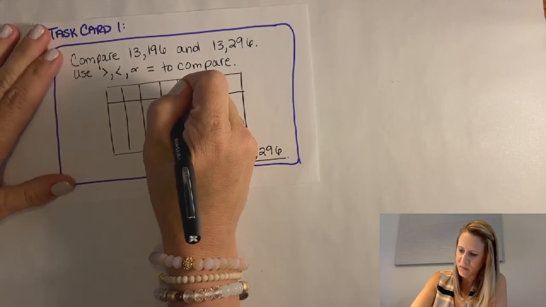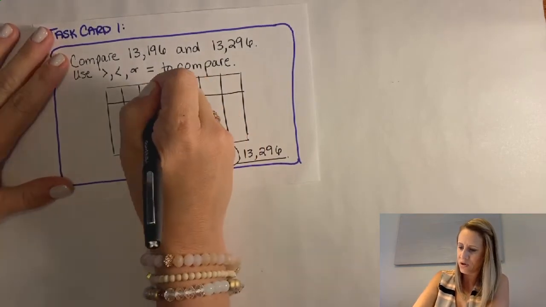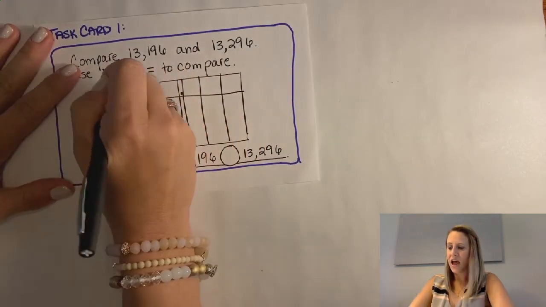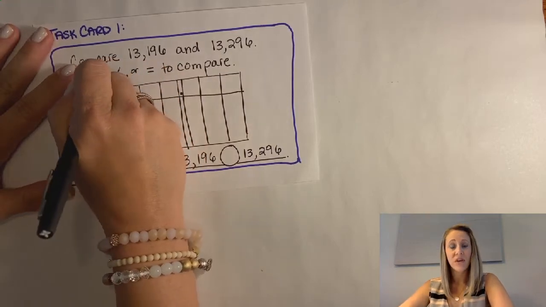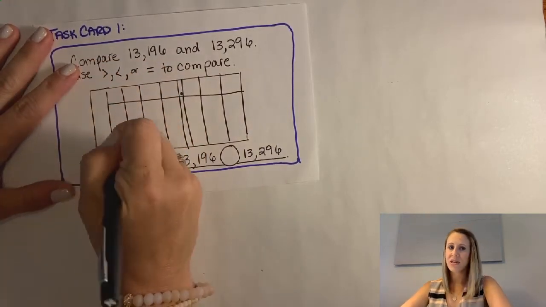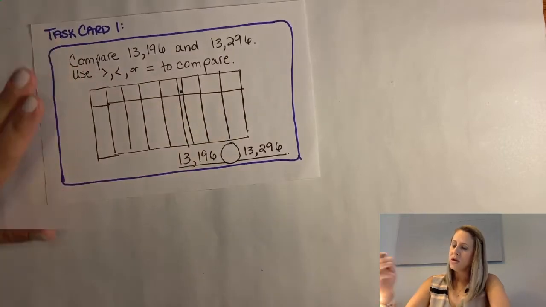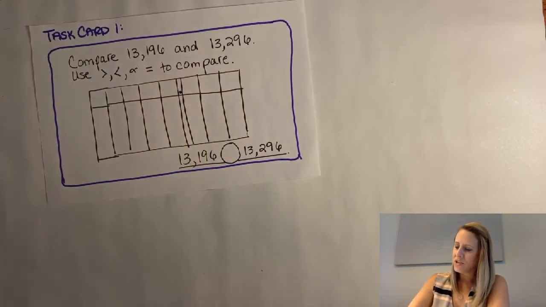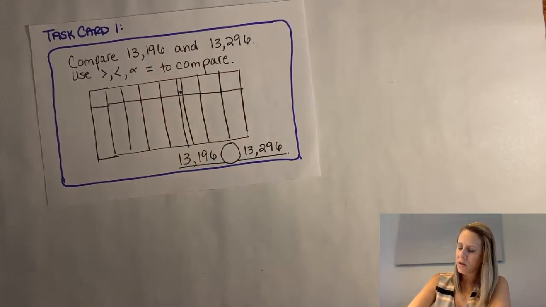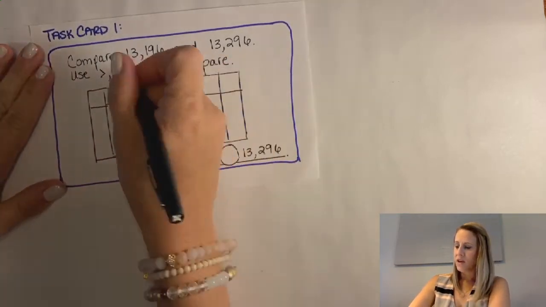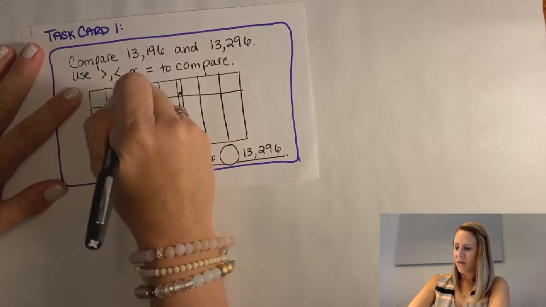I need one more for this place value chart to have 10,000. We know 13 is a 10,000 and a 3,000. So I'm going to write my first number, 13,196. We know that there is no decimals beyond that.